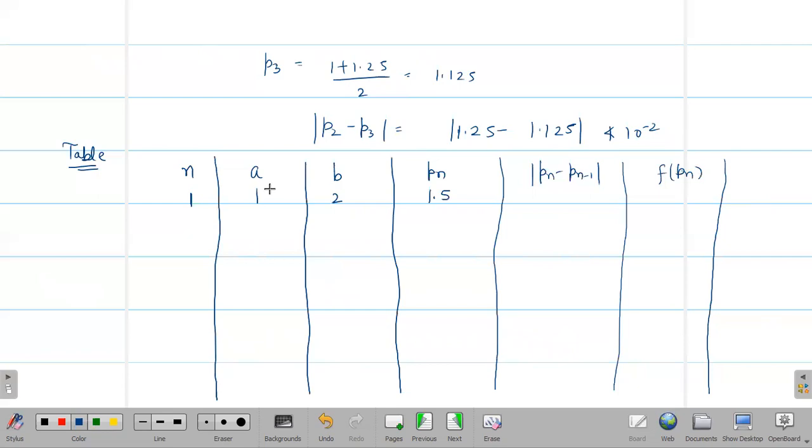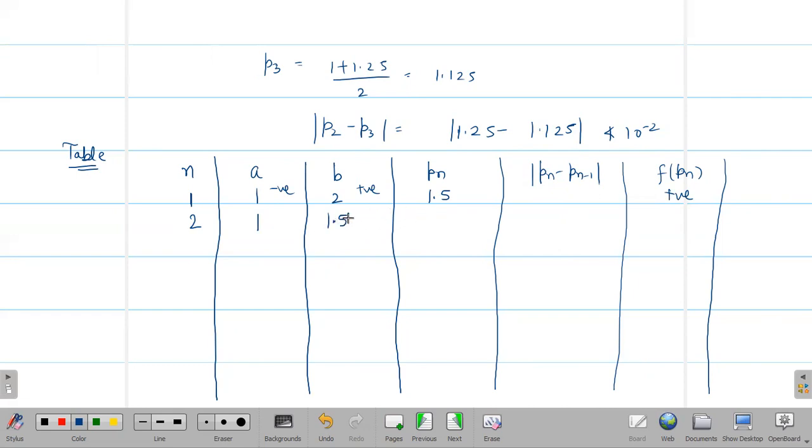Here it was negative and it was positive. So here you are getting positive. So in the second iteration, 1 will be here because it is negative. 2 will be replaced with 1.5 because here you are getting the positive sign. So positive will be replaced with 1.5, the smaller number.